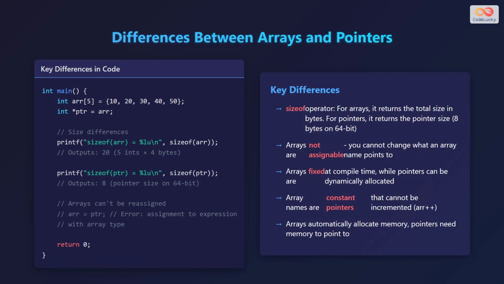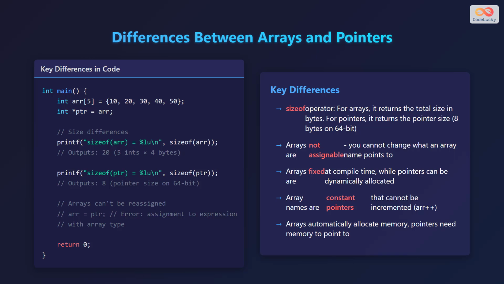It's important to understand the key differences between arrays and pointers in C. Let's look at some code that highlights these distinctions. We declare an integer array named arr with 5 elements and an integer pointer named ptr, pointing to arr. The code then prints the size of arr and ptr using the sizeof operator.